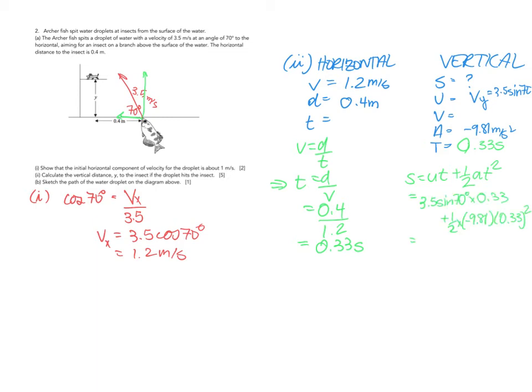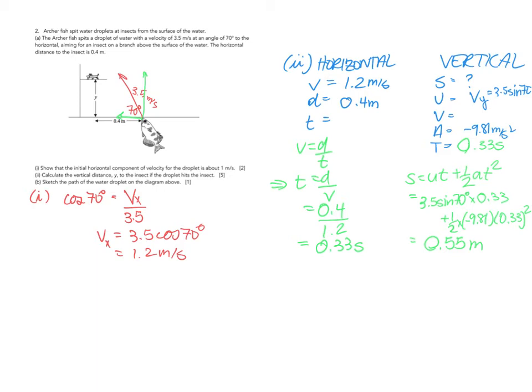Okay, so U, that is the initial vertical speed, 3.5 sine 70, times the time, 0.33 seconds, plus 1/2, and don't forget this is negative 9.81. That's important because it's in the opposite direction that it's moving, and time squared. And when I put it on my calculator, I'm going to get 0.55 meters.